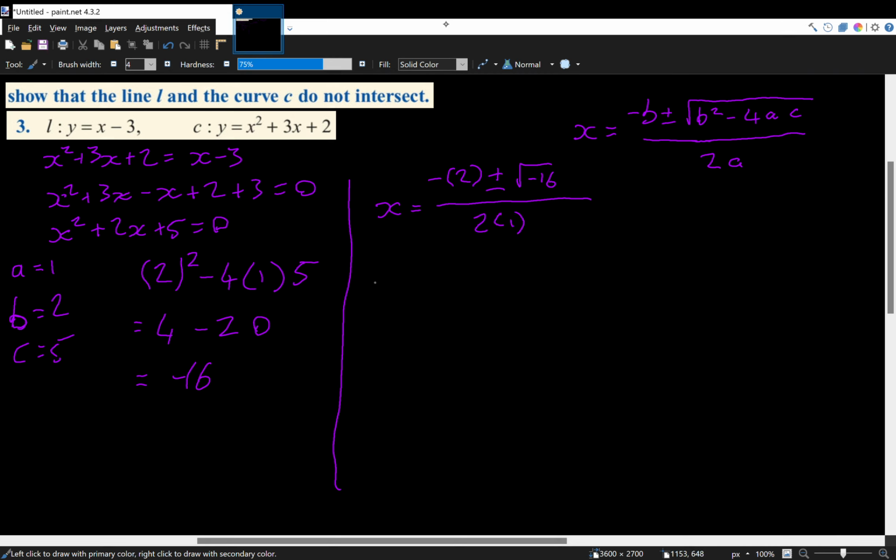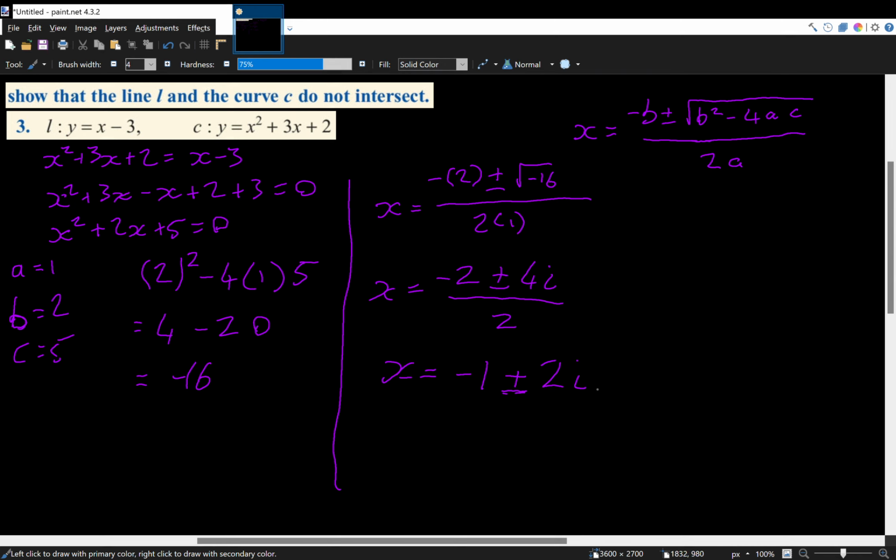So we would get x equals minus 2 plus or minus, and then the root of minus 16 is 4i, and that's all going to be over 2, which means that the roots of this equation are going to be x equals minus 1 plus or minus 2i.